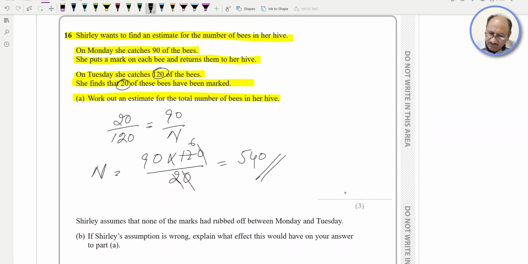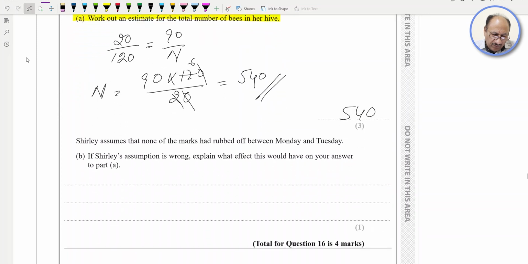So this n value will be 540. Estimate for the total number of bees, which we have estimated as 540.